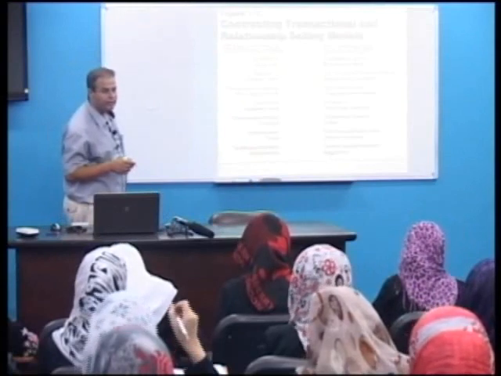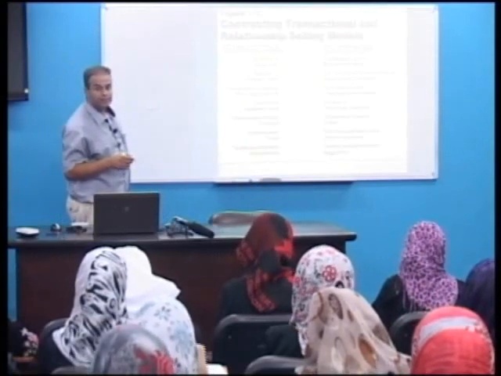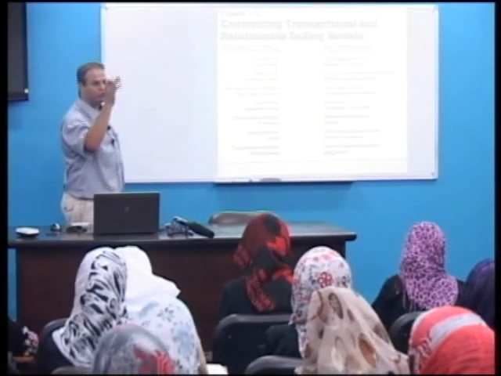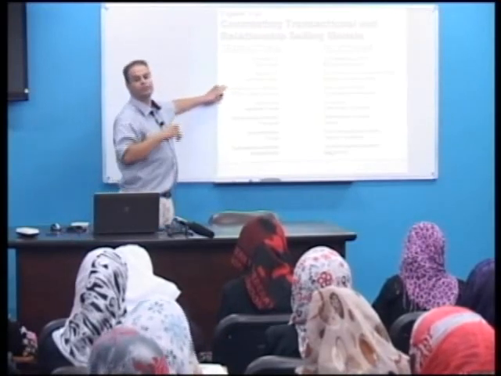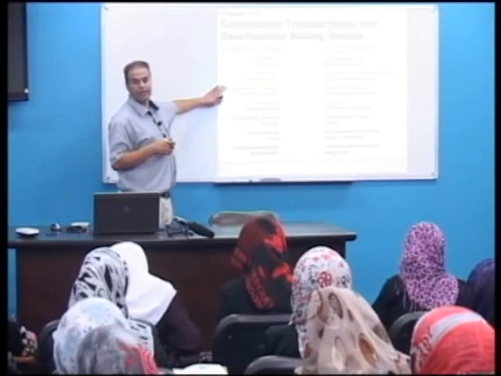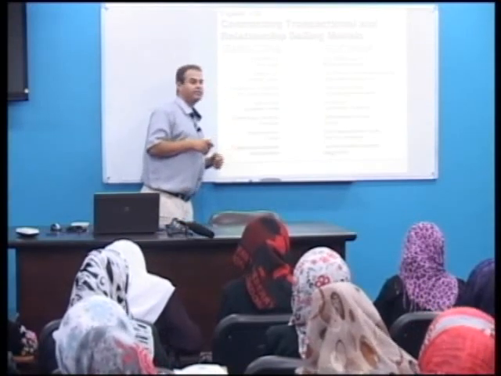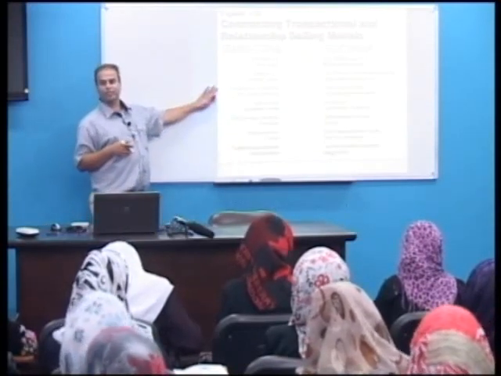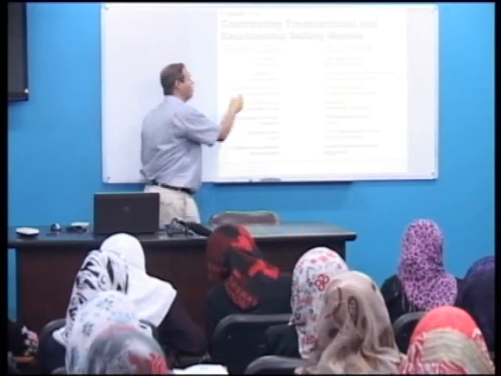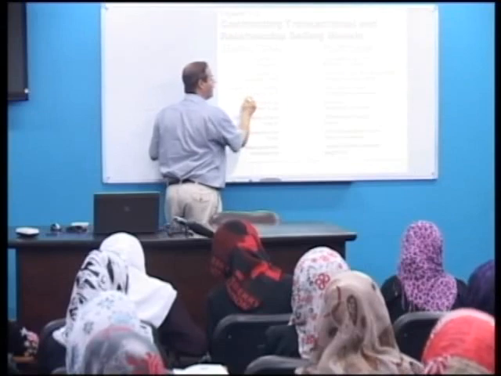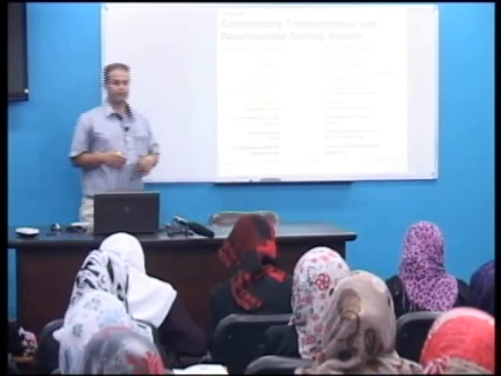Everything is planned ahead. What does it mean? Everything is planned for the future, and not only for the present needs of the customers. The third difference: under the transactional traditional model, they are providing good products, price, and services.